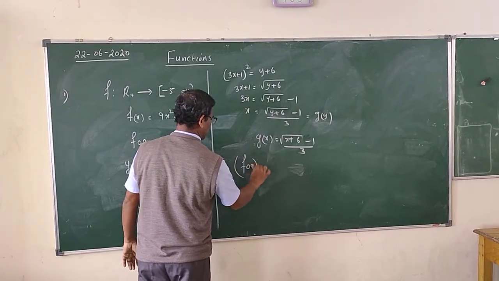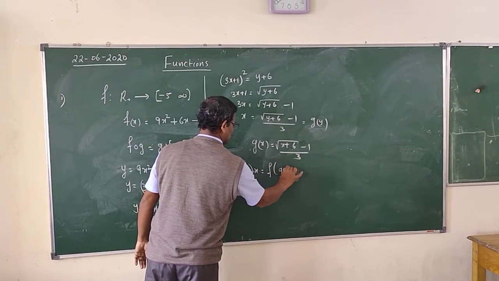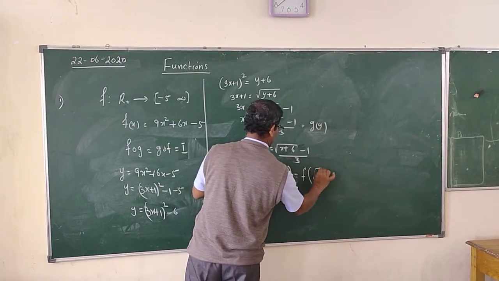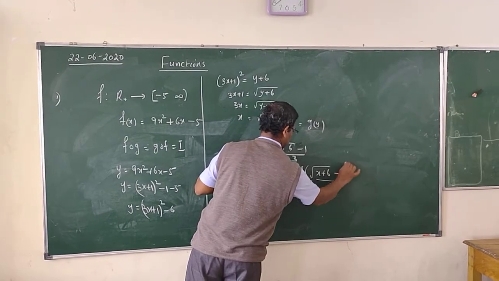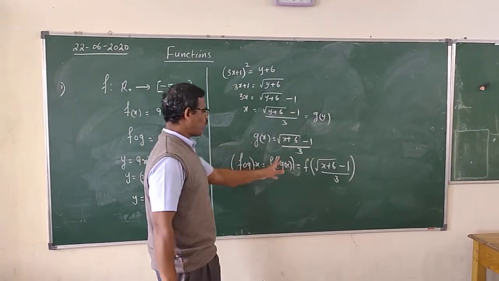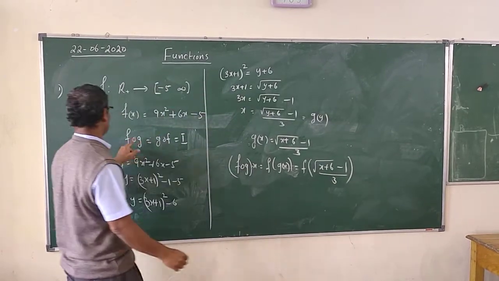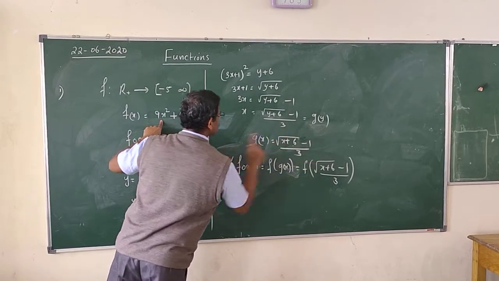f dot g of x is equal to f of g of x. g of x is square root of x plus 6 minus 1 divided by 3. So f of this is to be found out. We know f of x is here. So f of the whole thing is to be found out.